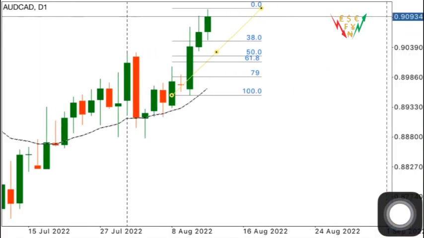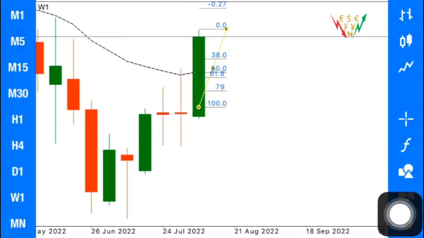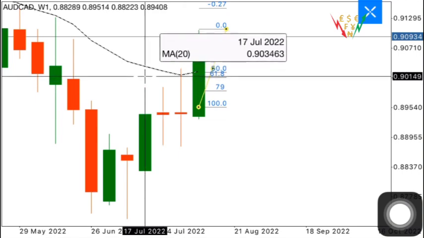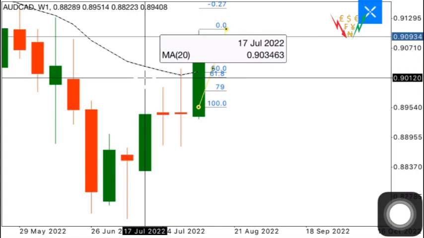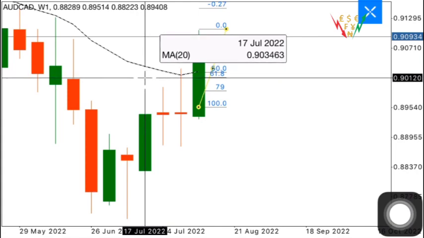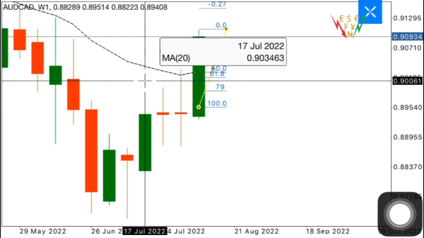Now if we look at the weekly chart from here, there are some round numbers that could give us some imprints as to where to look for the entry. Somewhere around the 61.8 level we have 9012, 9000, just somewhere around here.